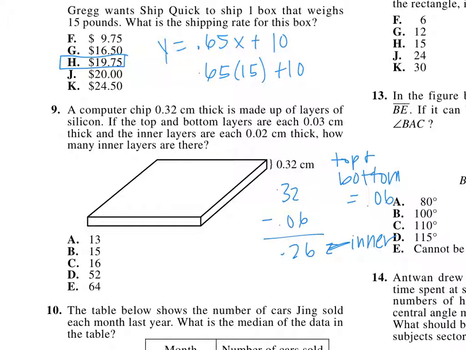Now, to find out how many layers that is, we're going to take that 0.26 and divide it by 0.02. Divide it by the thickness of each layer. So we should, yep, we get 13. So there are 13 inner layers. So make sure to read the question. We don't want the total layers, we want just the inside ones.